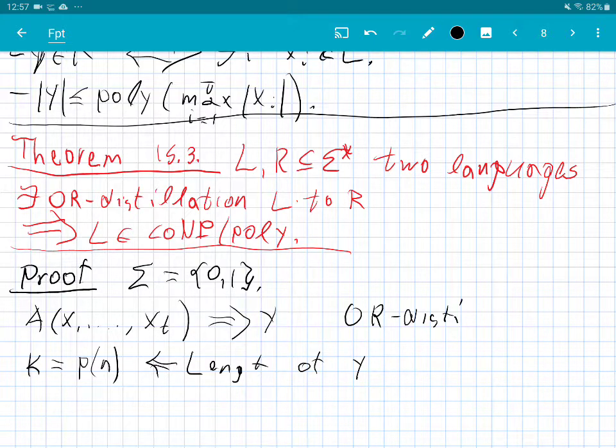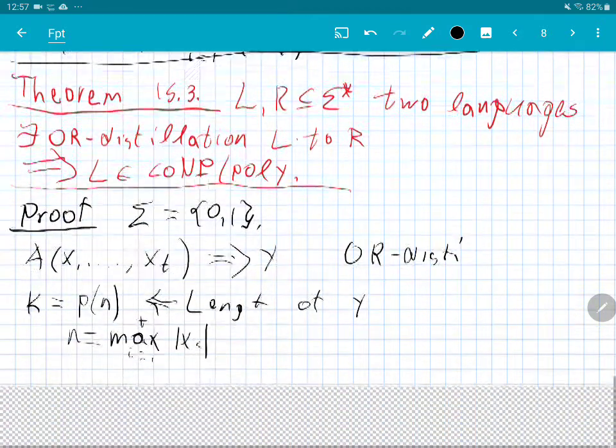where n, to remind you, is the maximum length over i going from 1 to t of the length of the xi's. So we have a polynomial p of n.